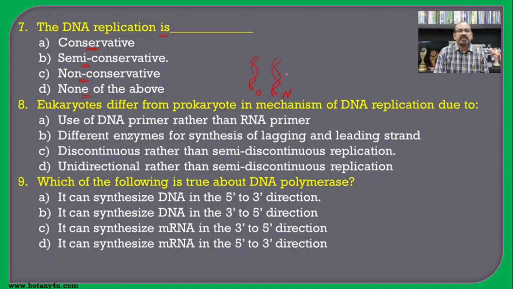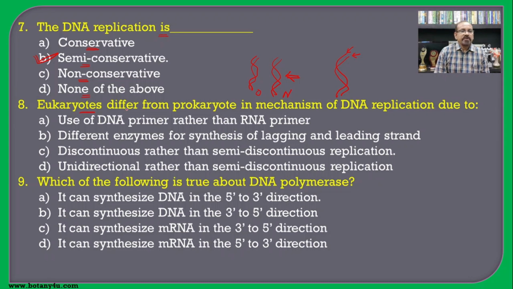Such a condition is not present in DNA replication. Instead, out of the two DNA strands, one is parental and the other is newly synthesized, and such replication is known as semi-conservative replication.